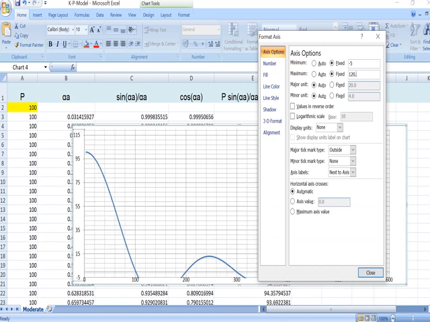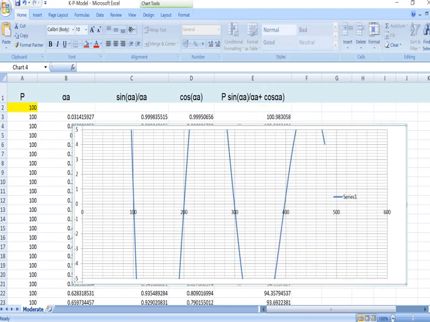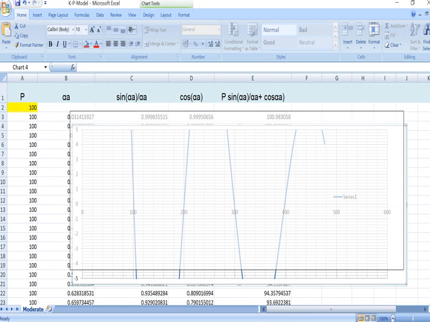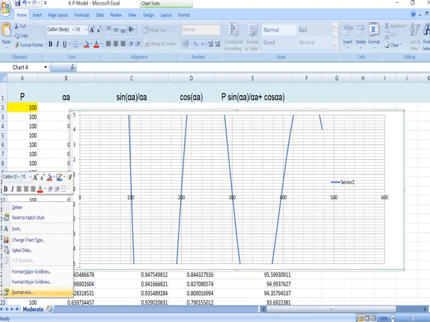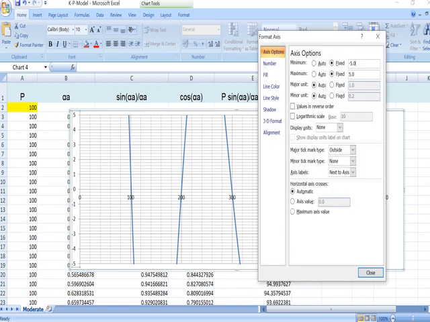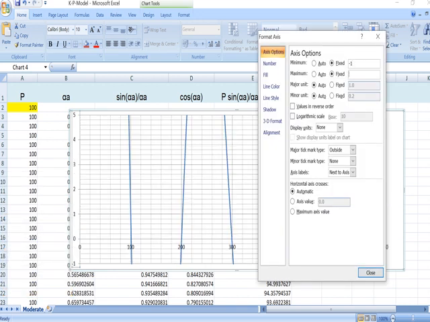I would first put it between minus 5 and 5. Let us have a look at the graph. Then in the next step, let us make it minus 1 and 1.